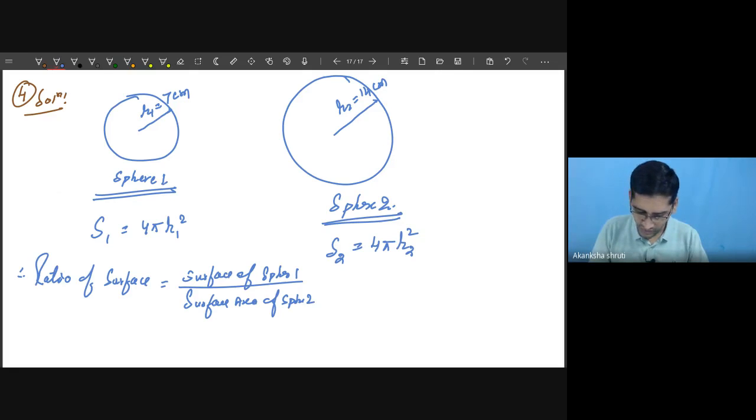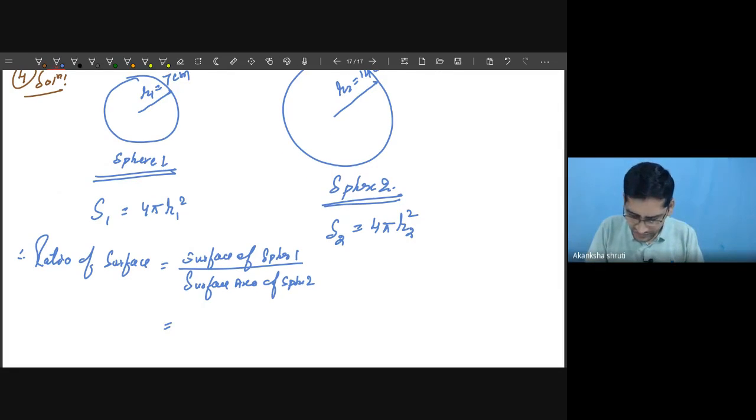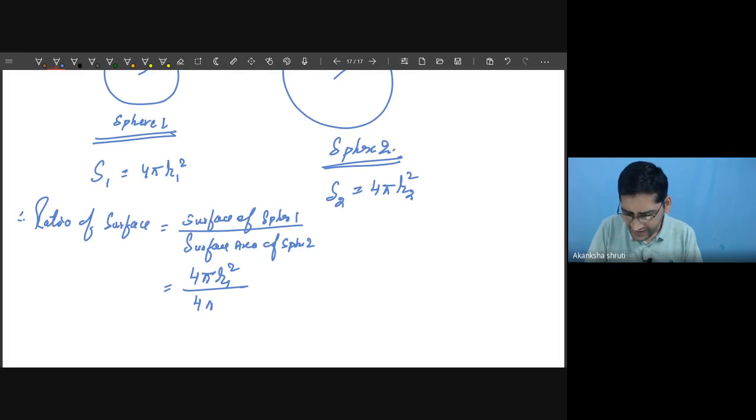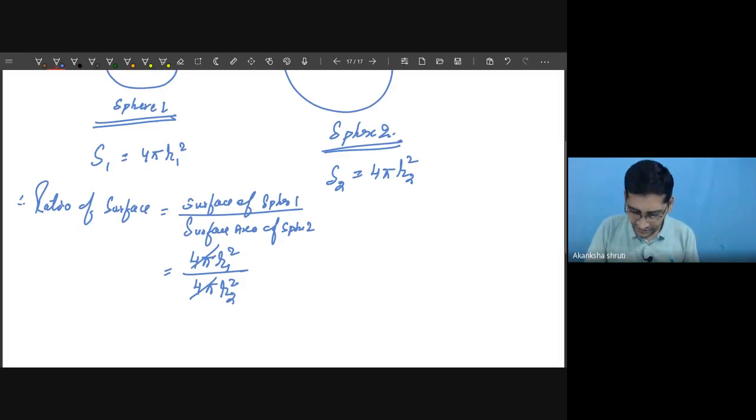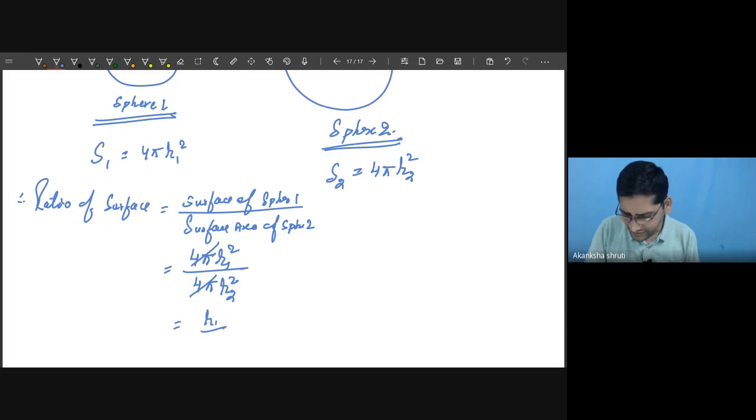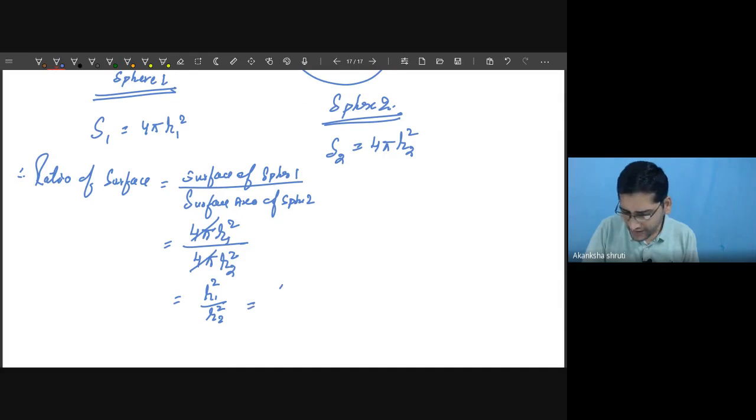Just substitute the formula itself: 4 pi r1 square divided by 4 pi r2 square. The 4 pi is the same kind of quantity, so it gets cancelled. It is like r1 square by r2 square, or you may take this as common: r1 by r2 whole square.